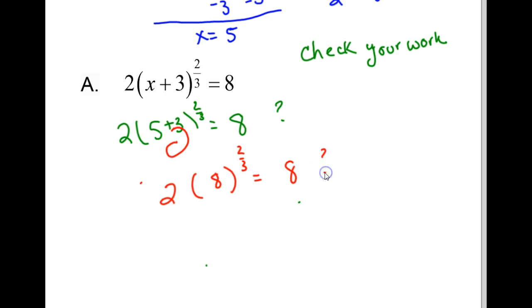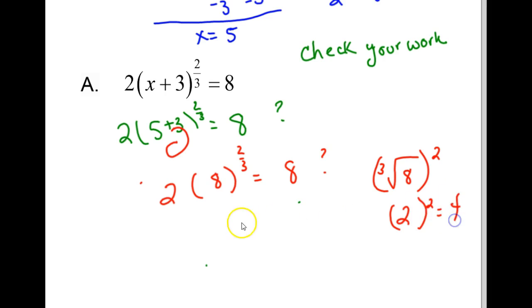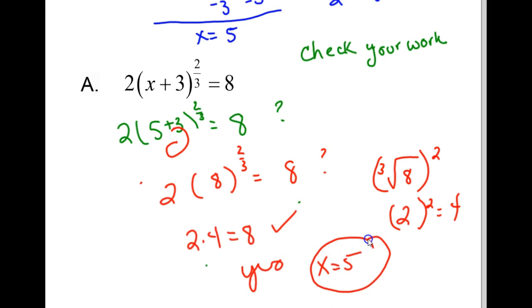Does that equal 8? Well, I'm going to take the cube root of 8 and then square it. The cube root of 8 is 2, so 2 squared is 4. So I end up with 2 times 4. Does that equal 8? Yes. So my answer is x equals 5. So there is a little bit more work there. All right, let's try another one.